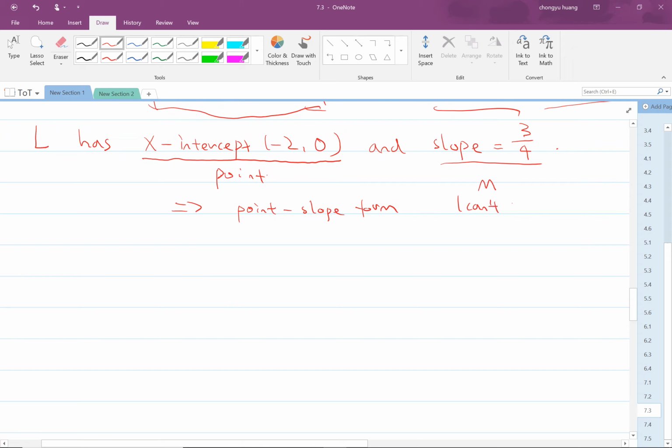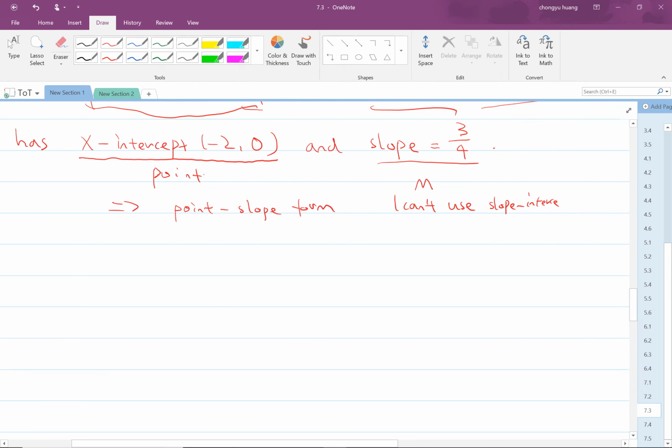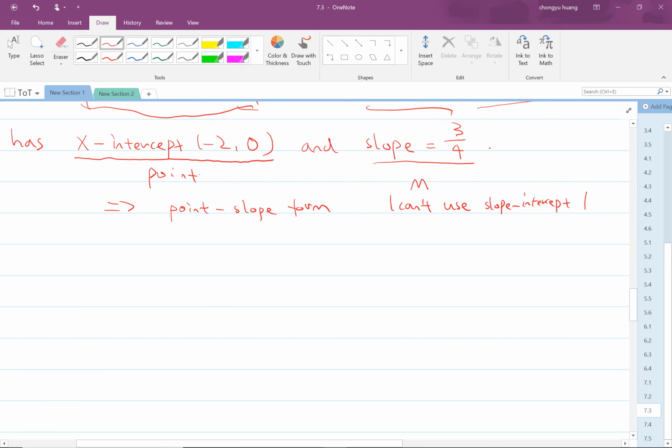Can't use the slope intercept form because we don't have the y-intercept. Let me rewrite a little bit.